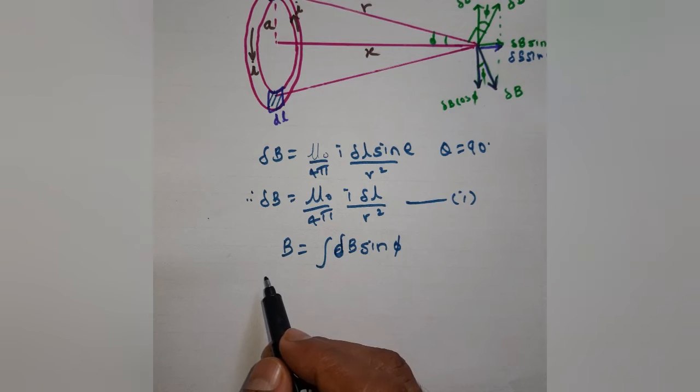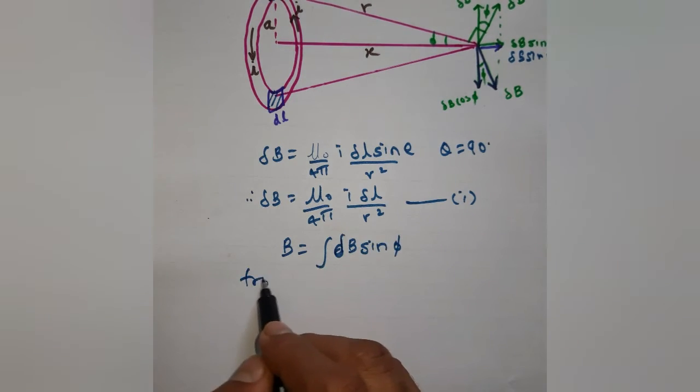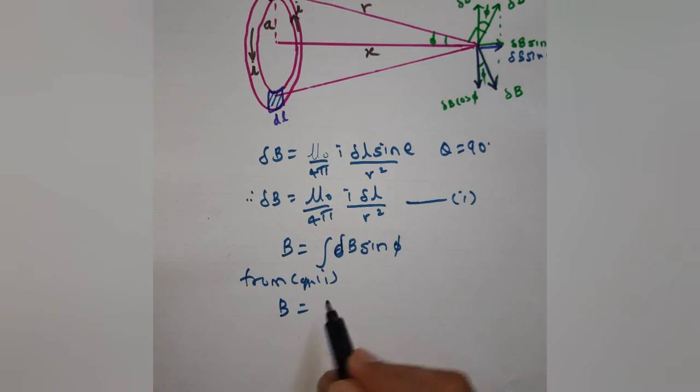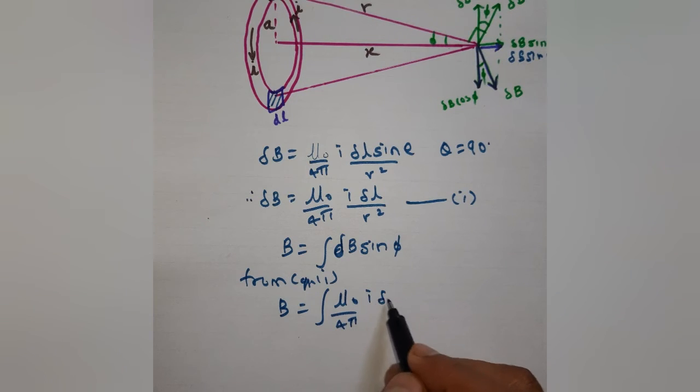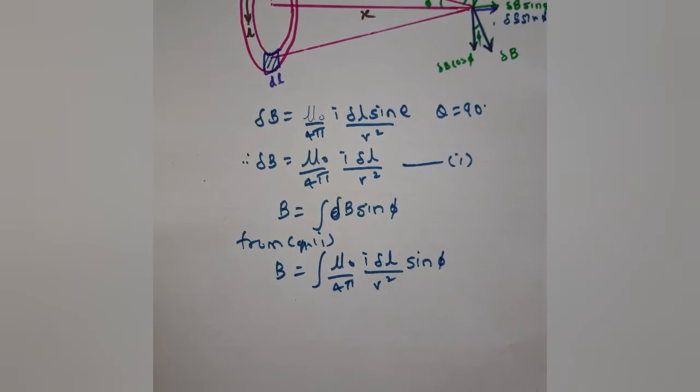Now what value do we know from here? If I put the value of delta B from equation 1, I get B equals mu naught upon 4 pi, I delta L upon r square, sine phi. I'm using the value of equation number 1 over here.